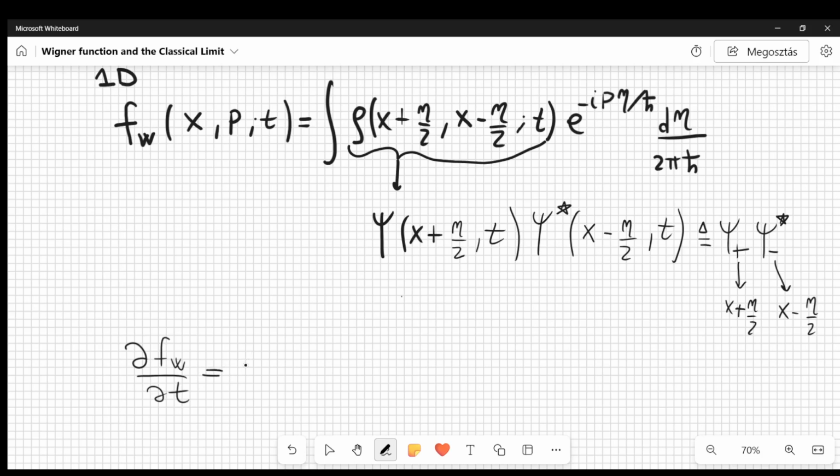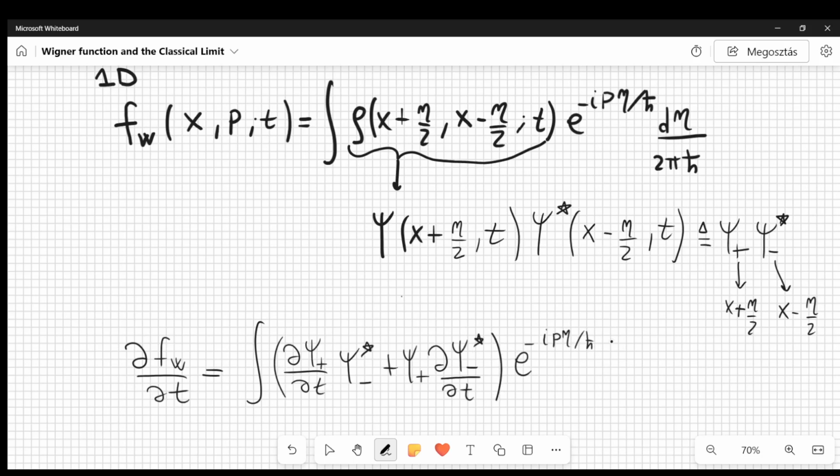And in order to calculate this derivative, we have to calculate the derivative of the density function there. And the density function is also given by this product. So we have an integral of the kind d psi plus dt psi star minus plus psi plus d psi minus star dt, e to the minus i p eta over h bar d eta divided by 2 pi h bar.